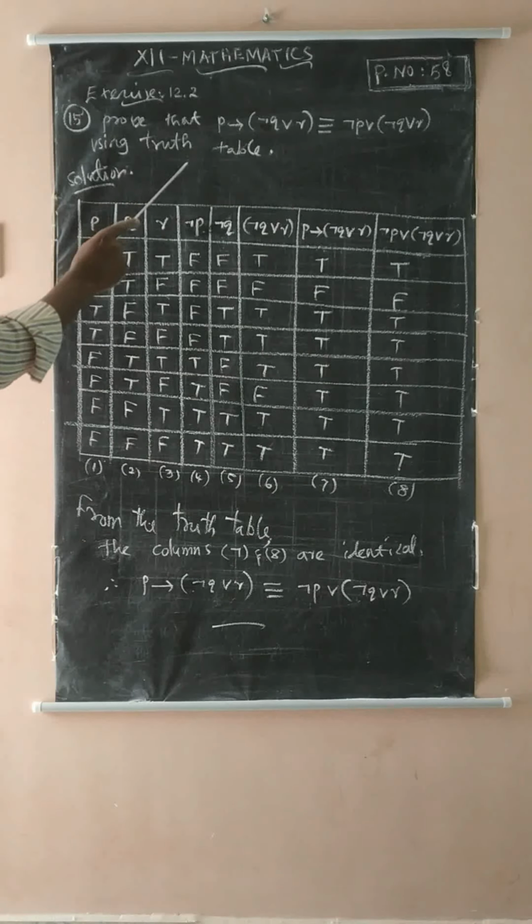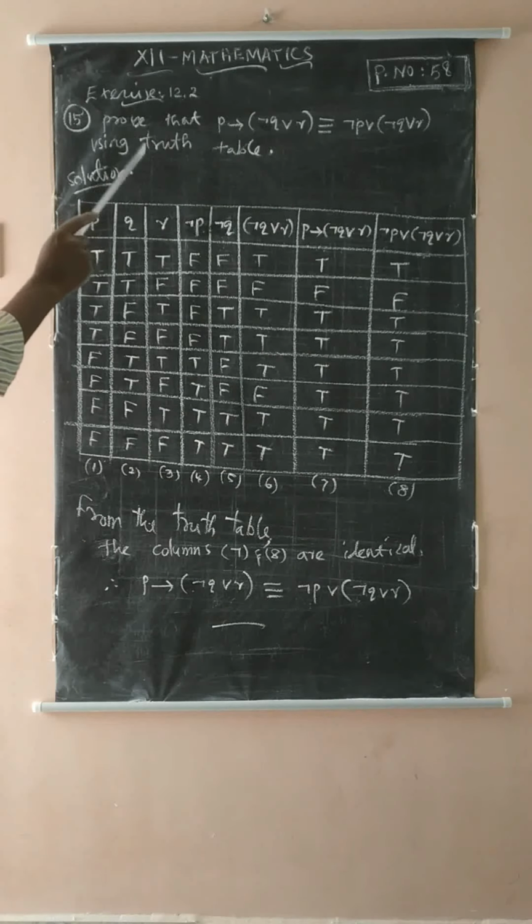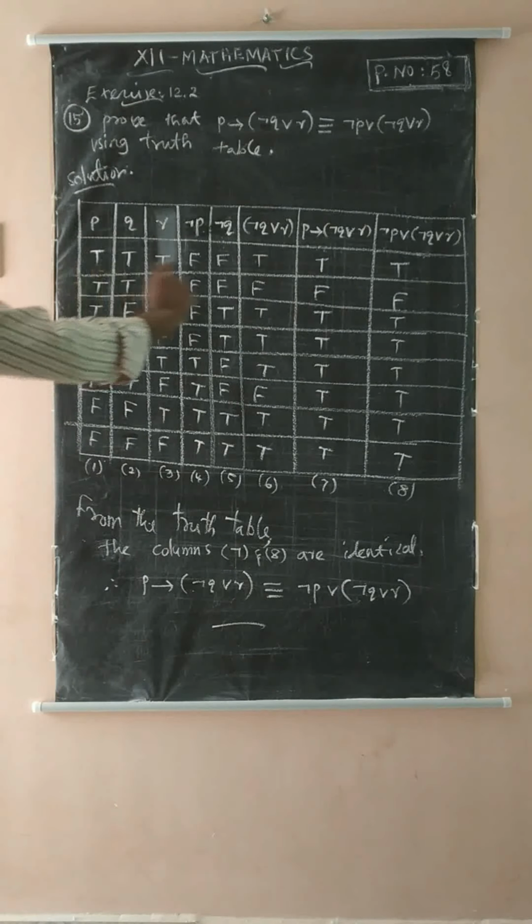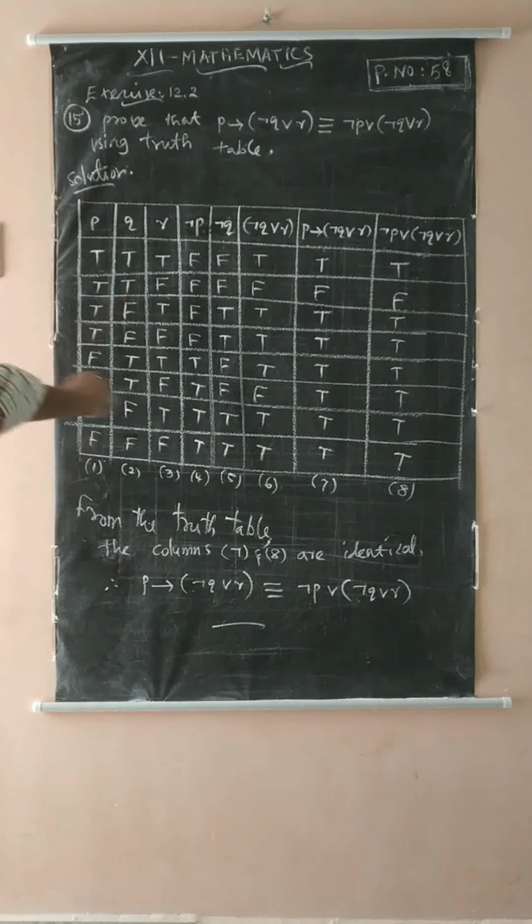In these statements there are three simple statements P, Q, R. How many rows can we draw in the truth table? 2 power n rows, that means 2 power 3, which is 8 rows. One more row is added for the statements, so 9 rows.